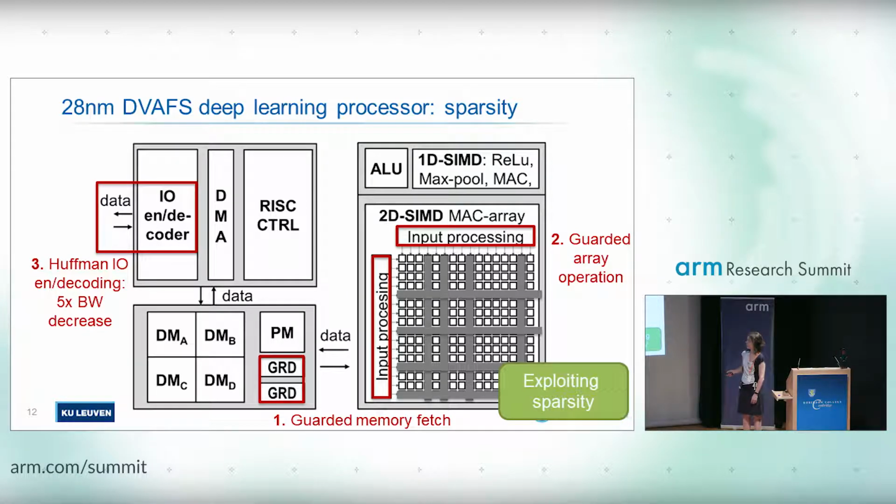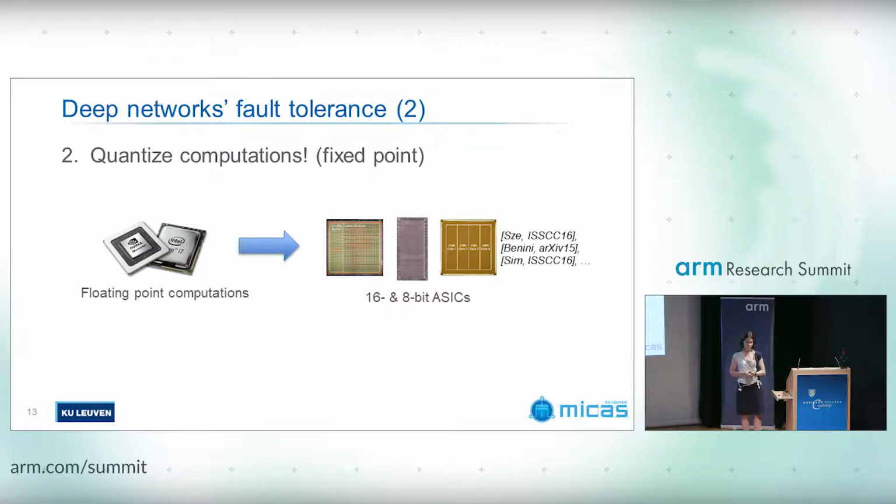And data that comes on-chip also comes in a compressed format and is decompressed here before it's stored in the on-chip SRAM. This easily pushes down memory bandwidths up to 5x for typical neural networks. So 3 ways to exploit this fault tolerance using computations that we skip, basically.